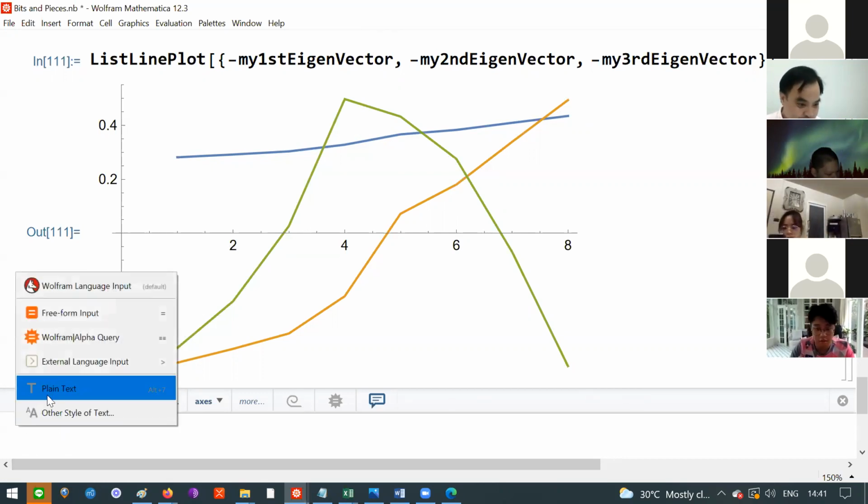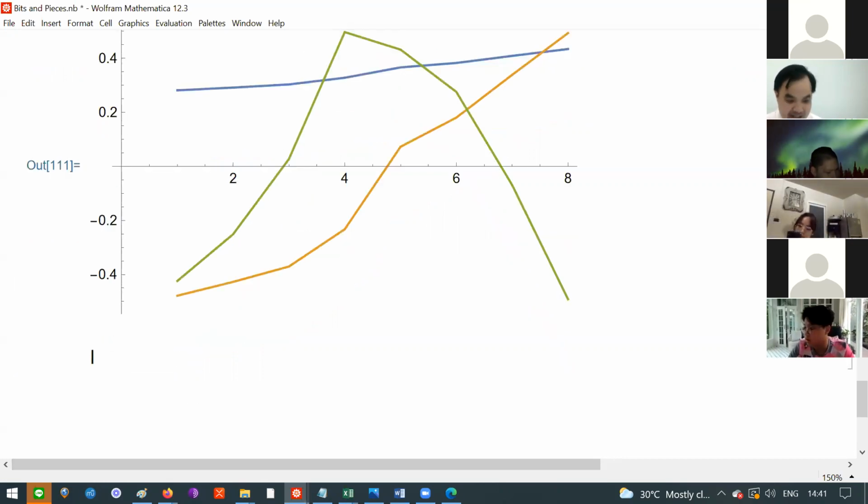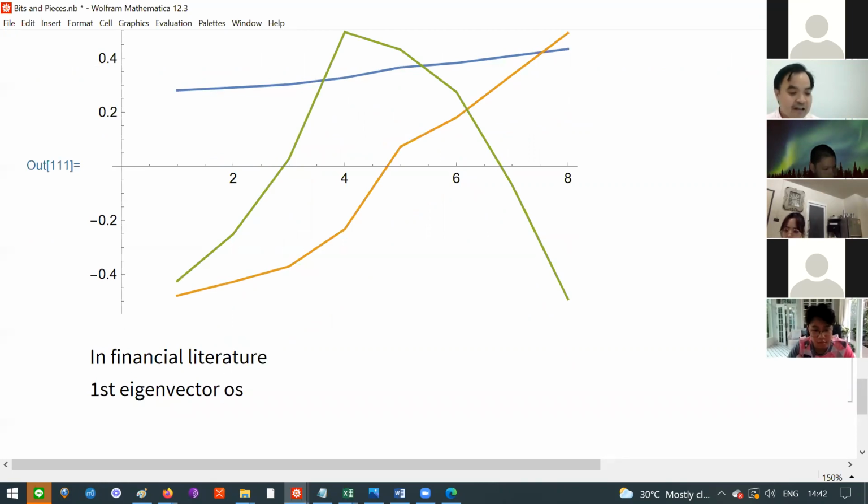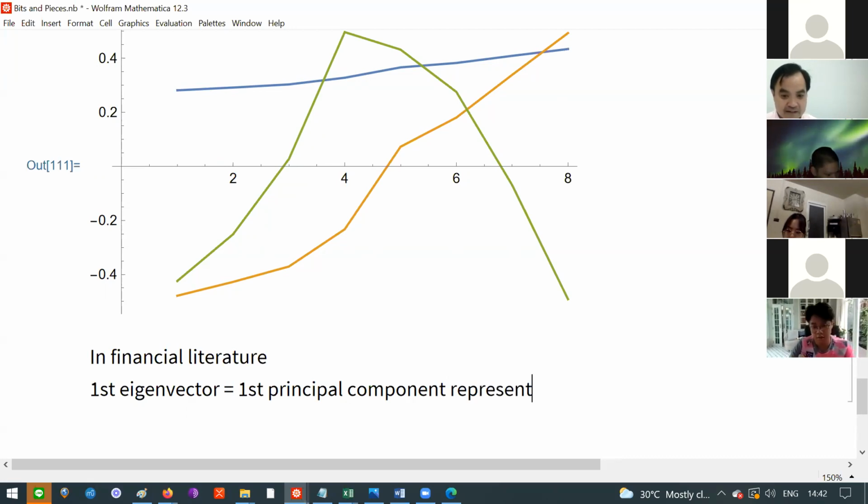In financial literature, the first eigenvector, or first principal component, represents a level shift.